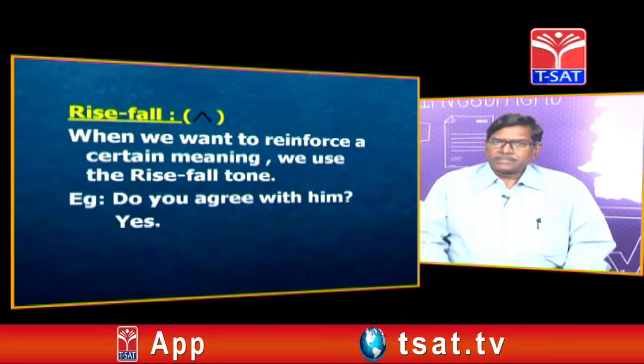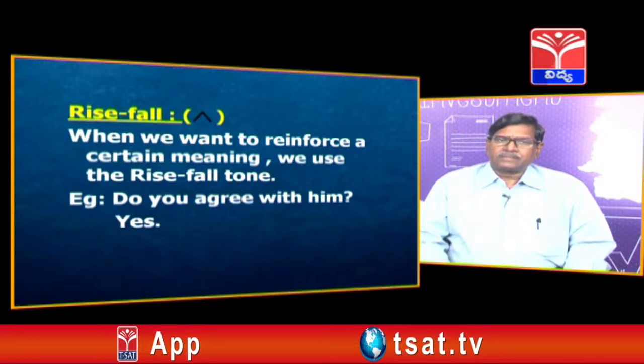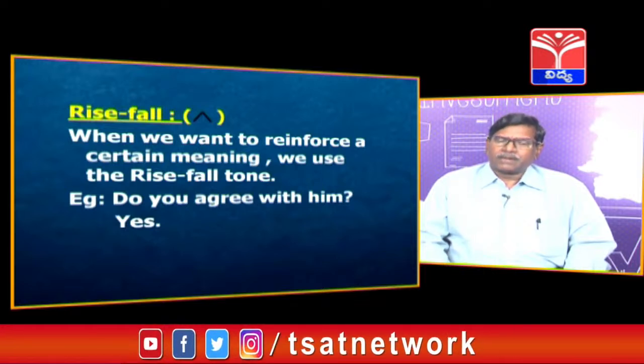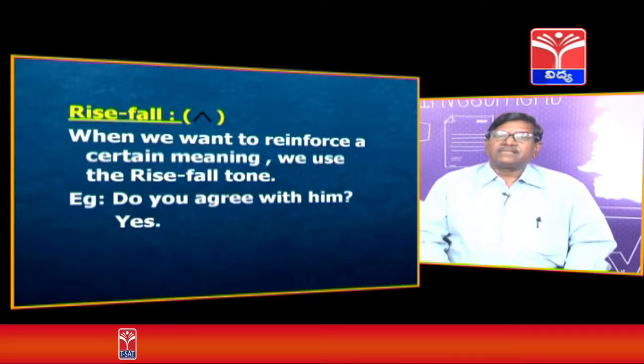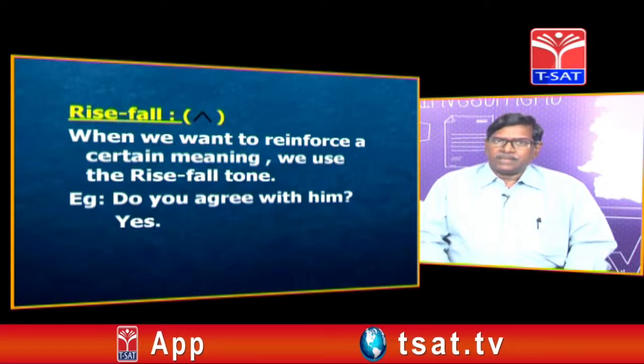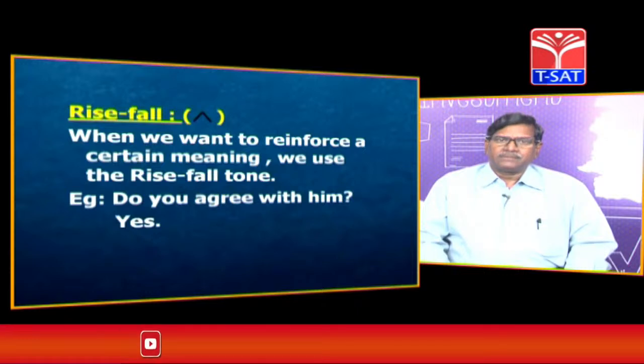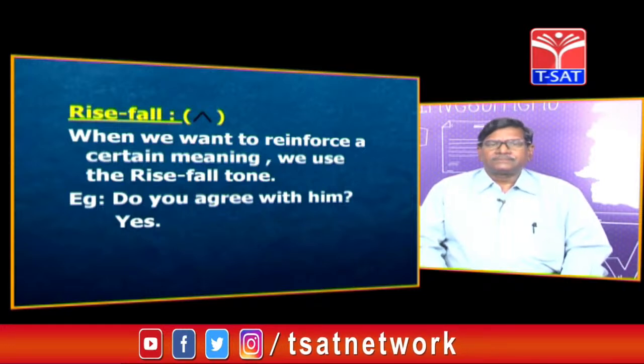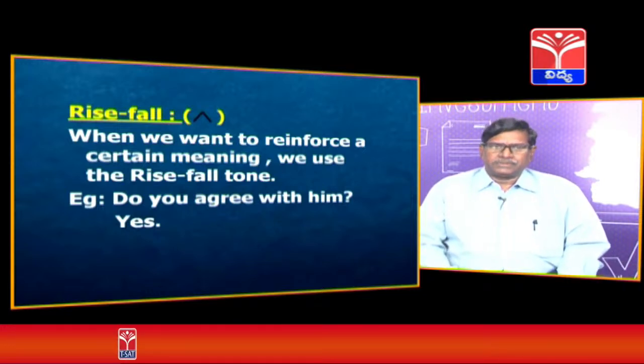Ramesh. That means if you utter that word, Ramesh, with fall-rise, then you are expressing a sense of doubt about the individual. That means you doubt him to be a nice man. Is Ramesh a nice man? Ramesh, that is fall-rise tone.